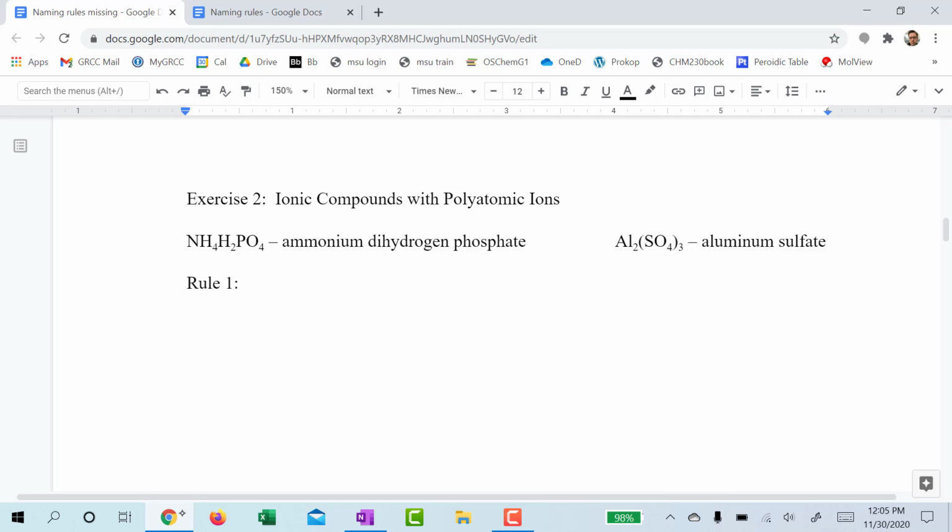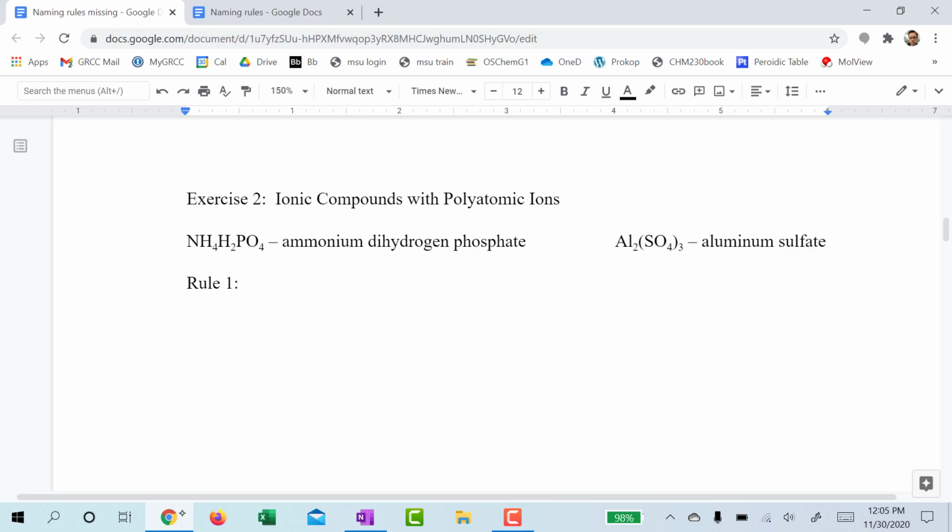That's actually an ion in and of its own, dihydrogen phosphate. And you know phosphates, PO4 minus 3, and then there's two hydrogens that really give it two more pluses. And so H2PO4 is a minus 1 ion, and ammonium is a plus 1 ion.